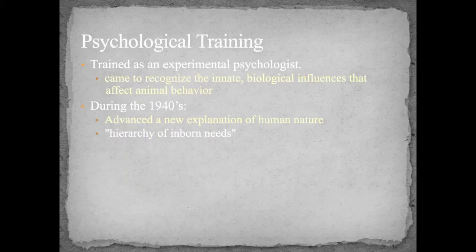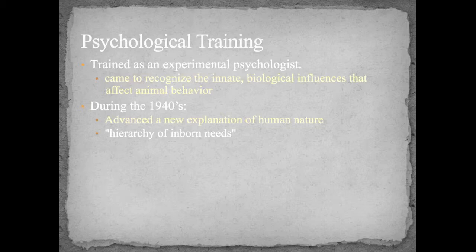When Maslow was studying at the University of Wisconsin, he was training to be an experimental psychologist. There, he was looking at monkeys. As he started to figure out that there were innate biological influences that affect animalistic behaviors, he went on to really start to study humanistic perspectives.